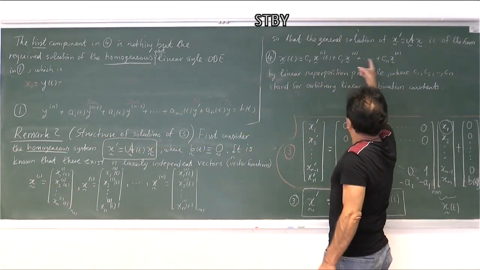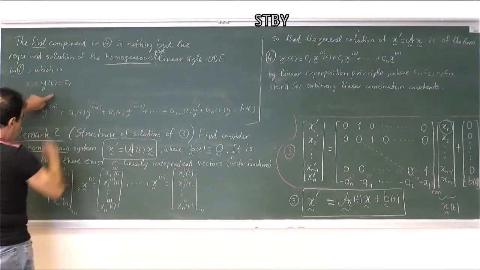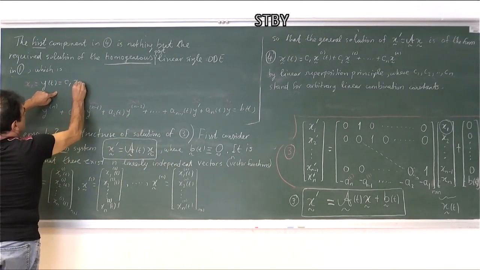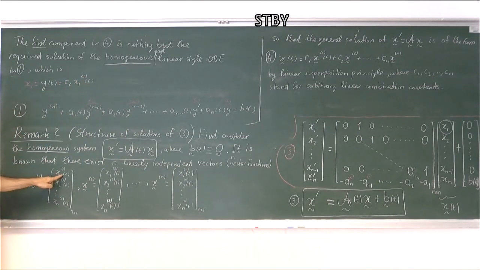Let's write the first component. It is written as C1 x1,1 of t, the first component of the first vector solution.